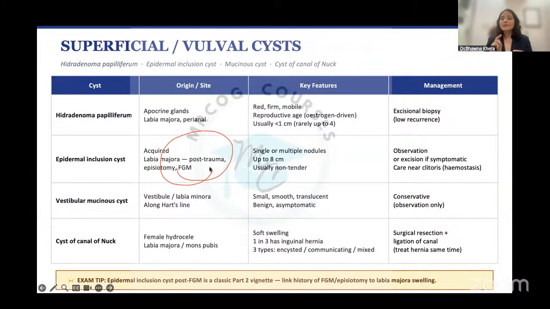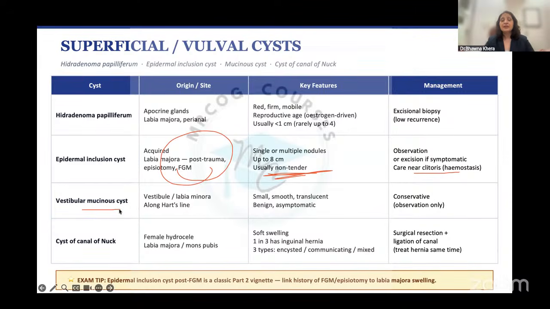So you have to ask the FGM history in patients who have these kinds of cysts post-trauma or episiotomy. Single or multiple nodules can be as large as 8 centimeters and are usually non-tender. This is important: they are non-tender. Observation or excision, but if you are removing anywhere near the clitoris, you have to be very, very careful.